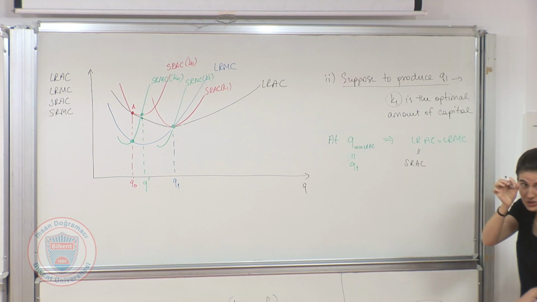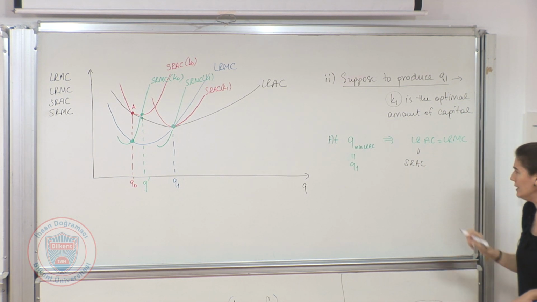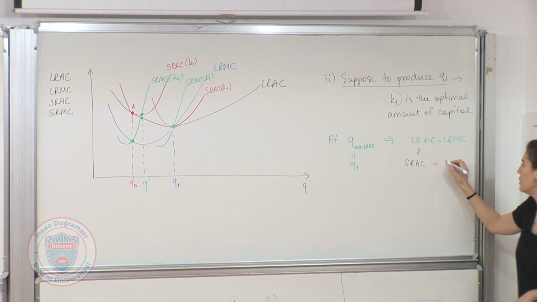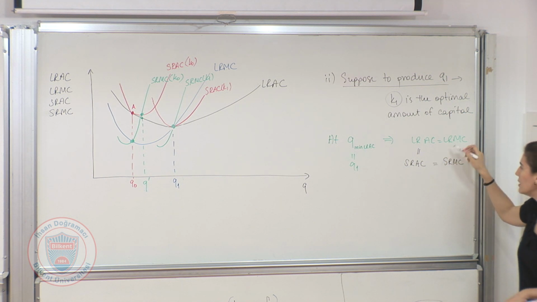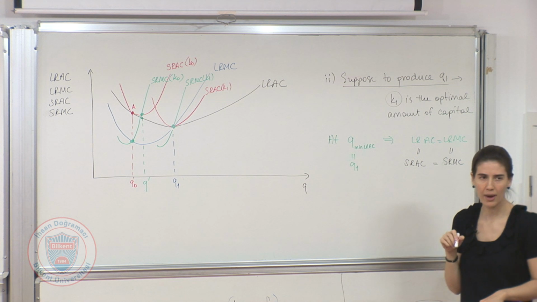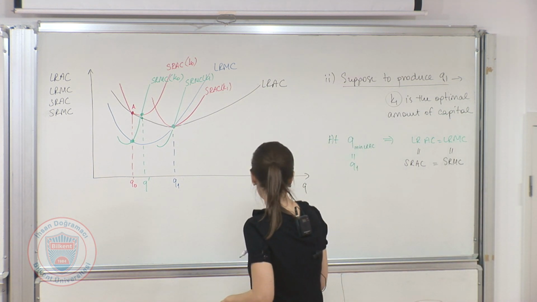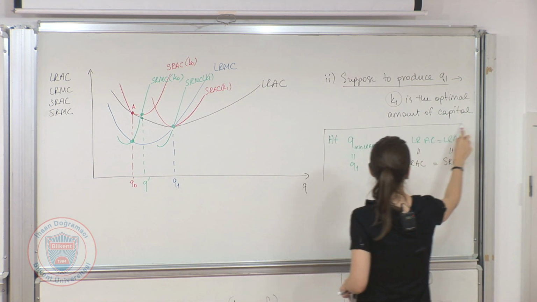Because it has to touch it at its minimum point as well. Because it's touching at its minimum point, this is also equal to short run marginal cost. So all these guys are equal to each other, okay? So that's why we have this.